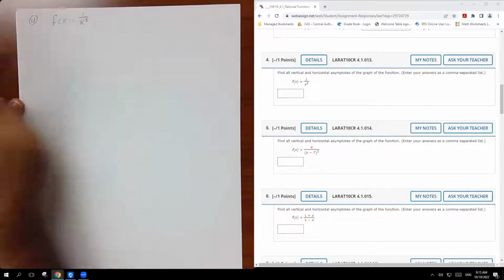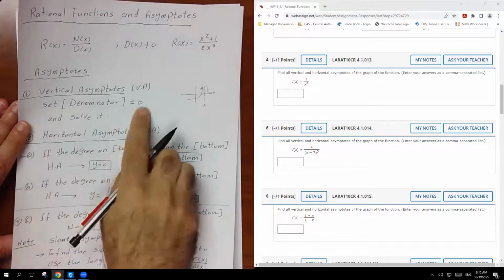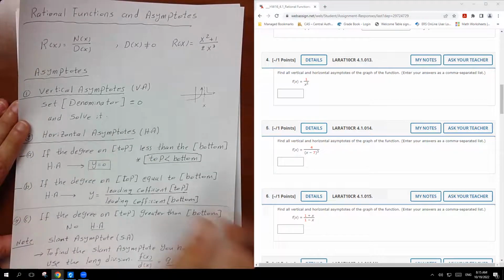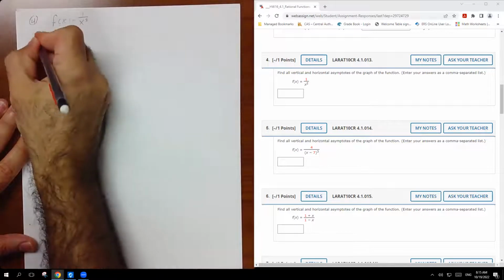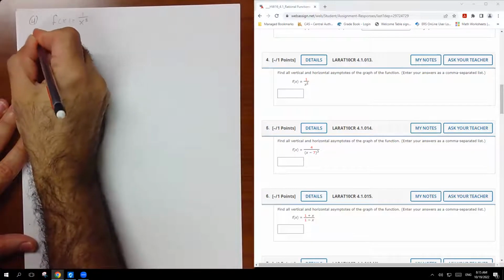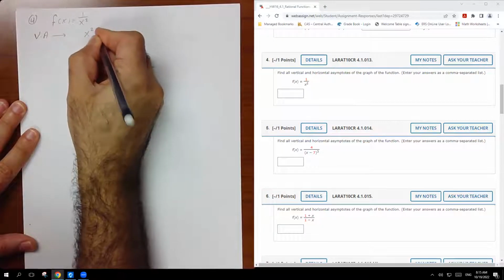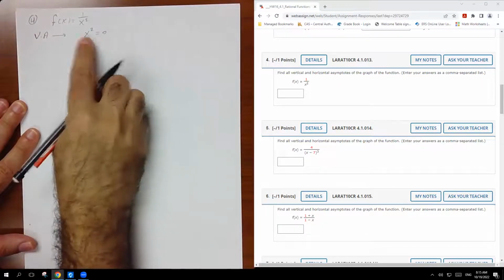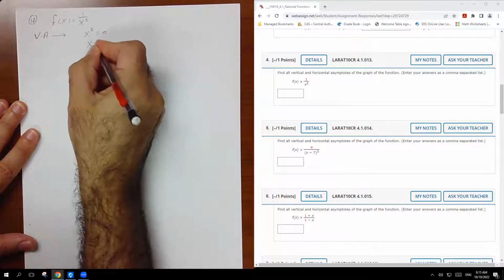To find the vertical asymptote, we're just going to set the denominator equal to 0 and solve it. Then I'm going to solve this by taking the square root of both sides. So x is going to be equal to 0.